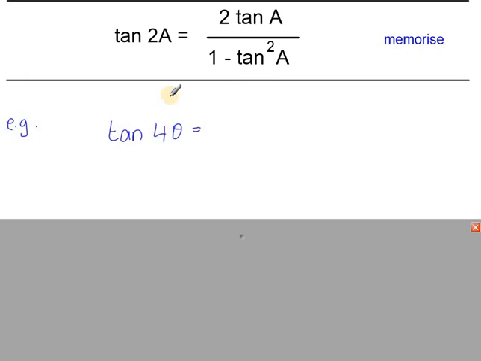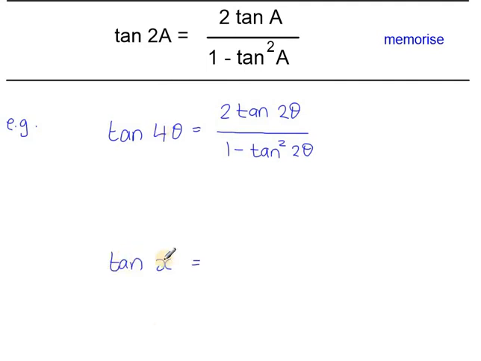So tan 4 theta, so 4 theta represents the 2A, so angle A will be 2 theta, so we've got 2 tan 2 theta over 1 minus tan squared 2 theta. That's always a 2, that's always a 1 minus, and it's a double angle identity. You take the angle on the right hand side, we've got angle 2 theta, double it, you get 4 theta.